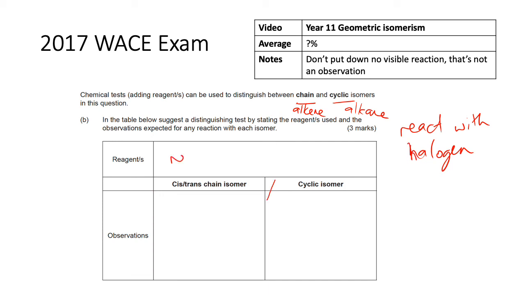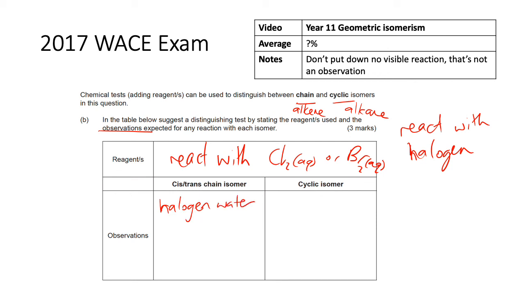React with some sort of halogen like chlorine water, or you can do bromine water, whichever one is closer and handy. And the observations expected for any reaction with each isomer: the halogen water, whatever color it is, whether yellow or orange, turns to colorless.